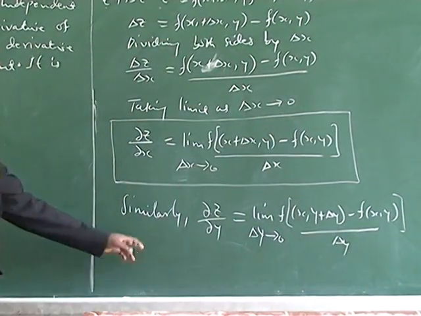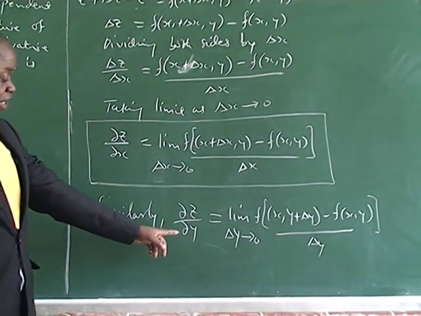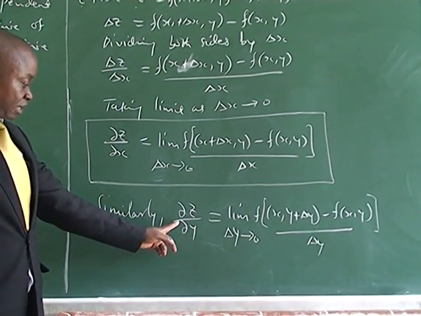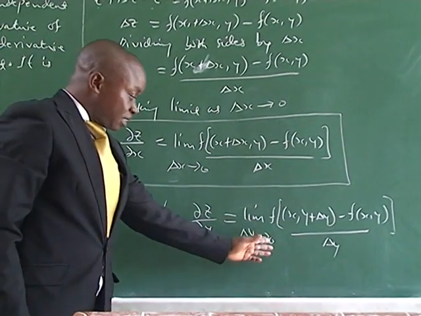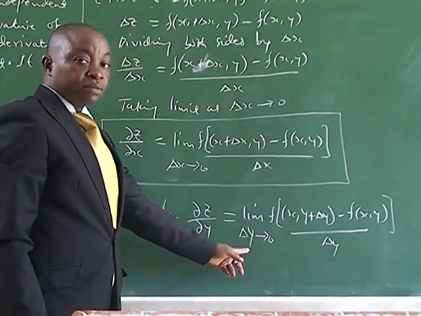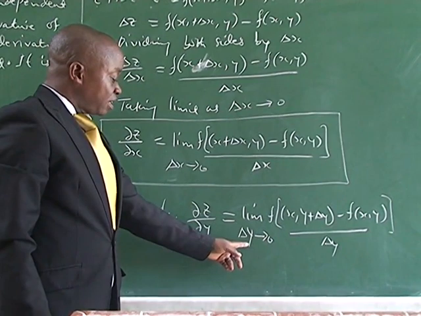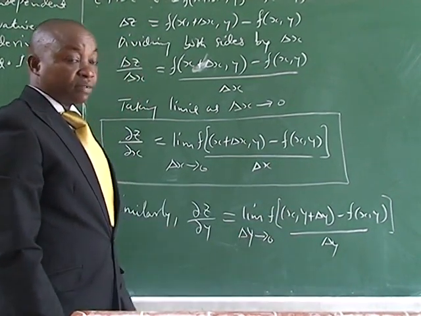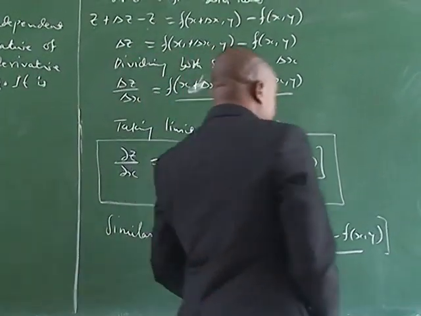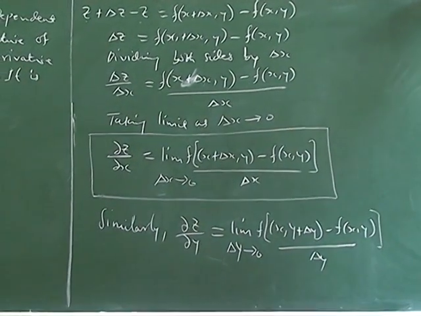Look at that. Partial z partial y is denoted by this, and it is equal to the limiting value of this function as change in y approaches 0. Now let's prove this. Proof.